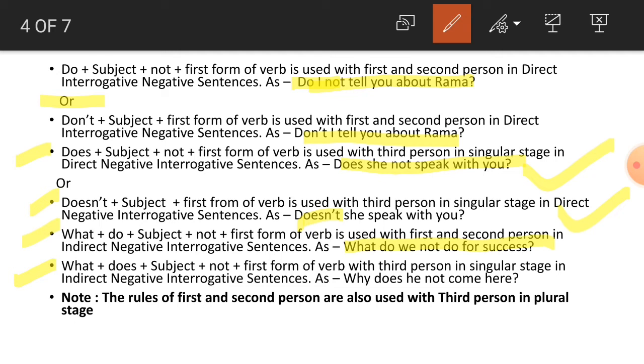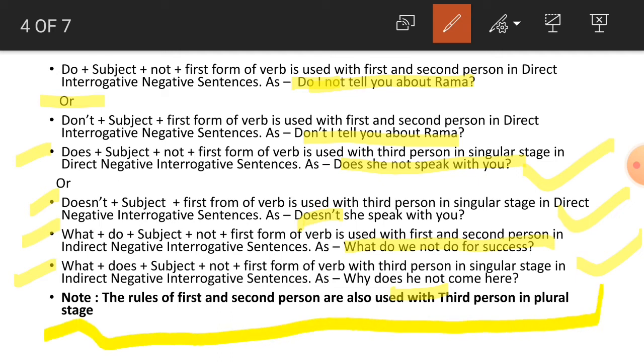What subject is he? That's why we can use does as a helping verb, and the sentence will be: why does he not come here? It means there is a question, but here is negativity also. Students, don't forget this line. This is the base of this tense.